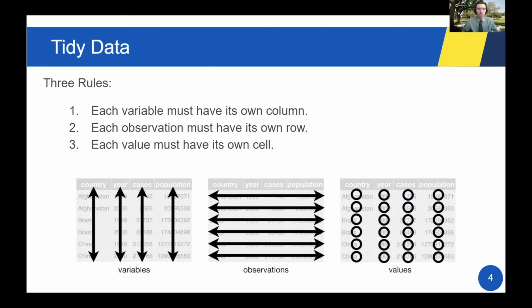You may ask, why do we want data in this tidy format? It's so we can apply statistics to it and also data visualization. So statistics and data visualization will expect data in this format.